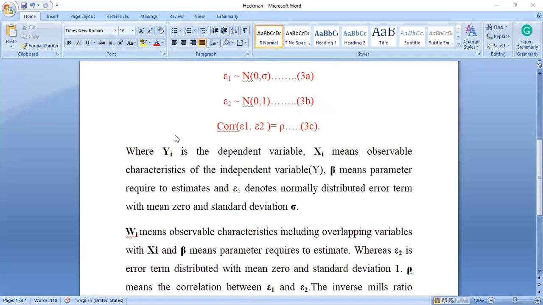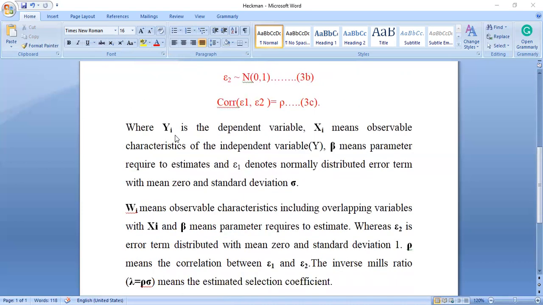Similarly, w_i means observable characteristics, including the overlapping variables with x_i, and beta means the parameter required to estimate, whereas epsilon 2 is an error term distributed with mean 0 and standard deviation 1.